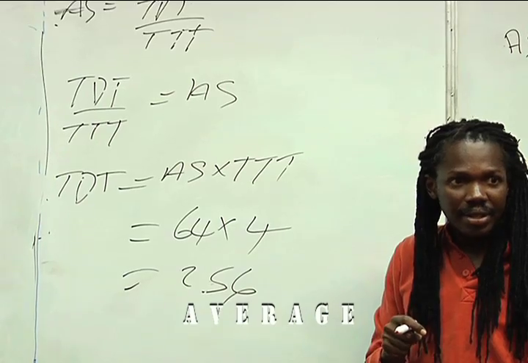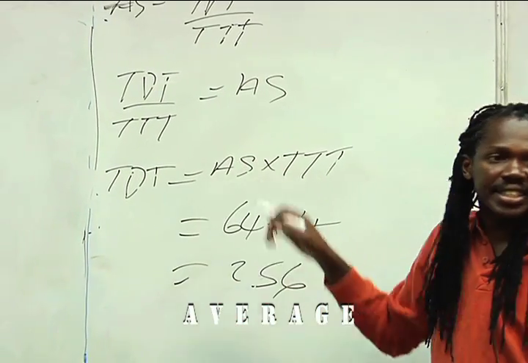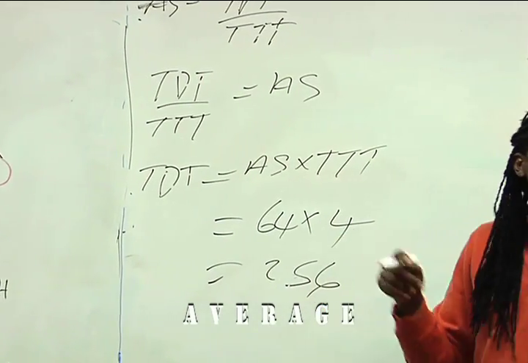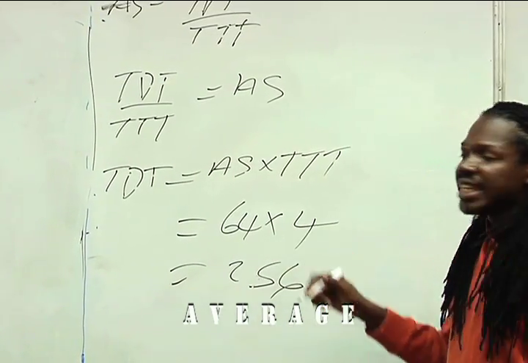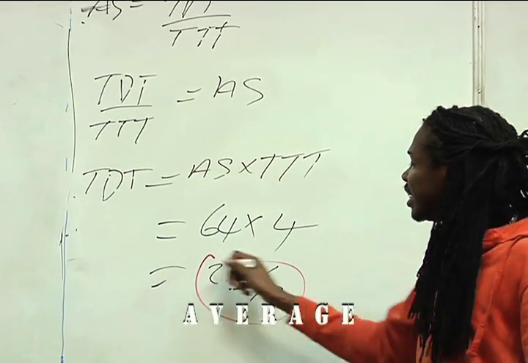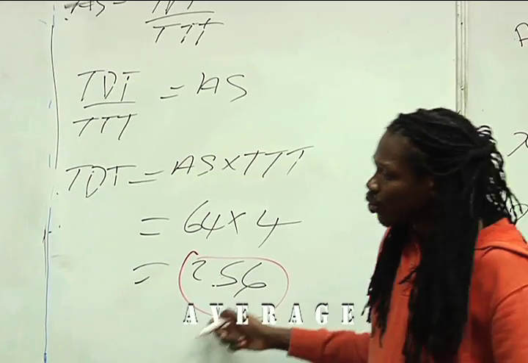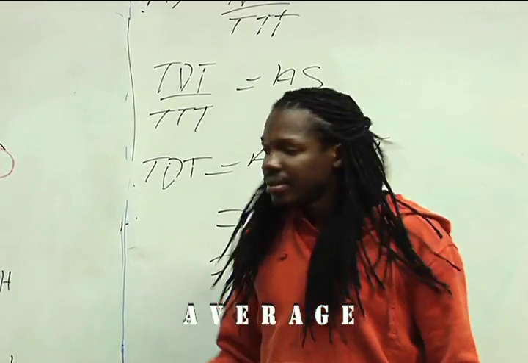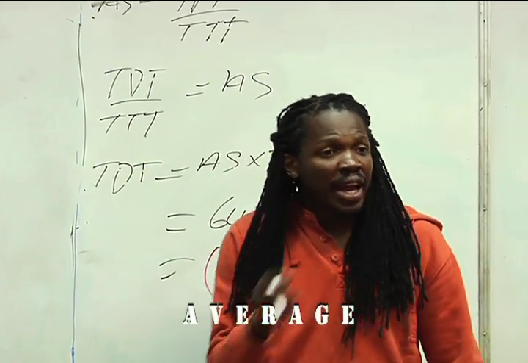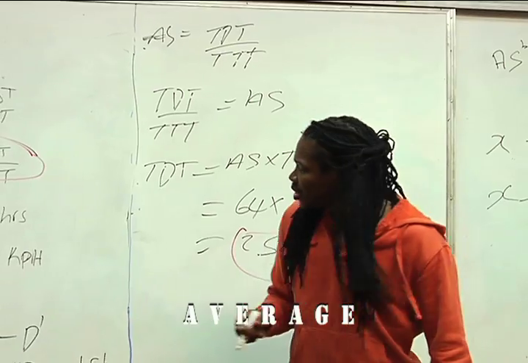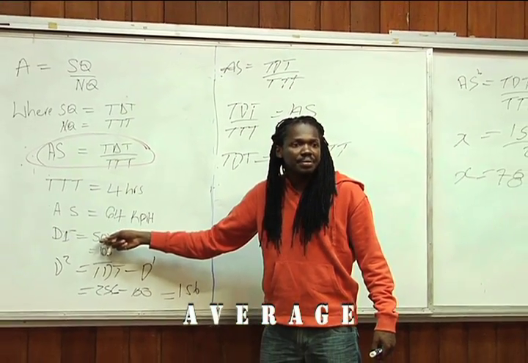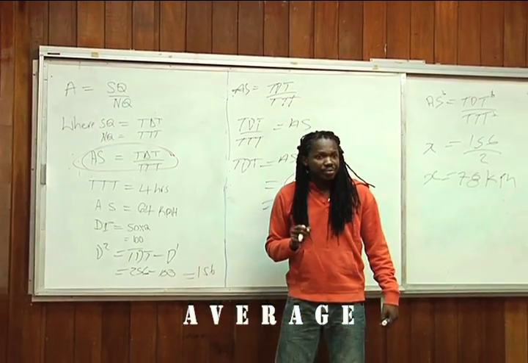You see that? So in this case, what was AS? 64. And what was TTT? 4. So therefore, what's the TDT? 256. No, that doesn't finish. They said to us that he traveled 50 kilometers per hour for 2 hours.